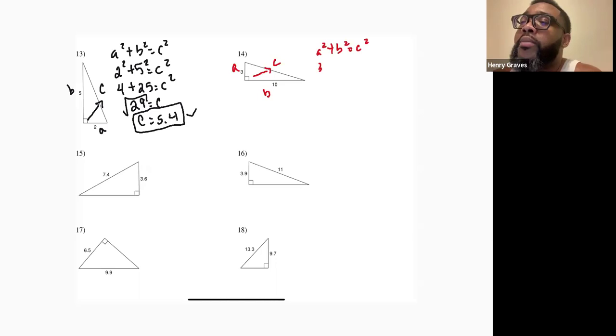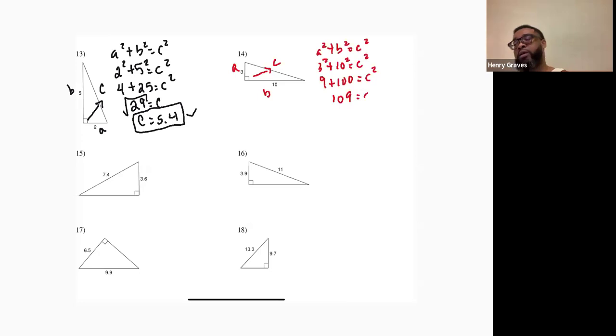So we're going to be 9 plus 100 equals C squared. So we're going to have to do the square root of 109 to get my answer. Calculator, can you tell me the answer again? 10.4. There we go.